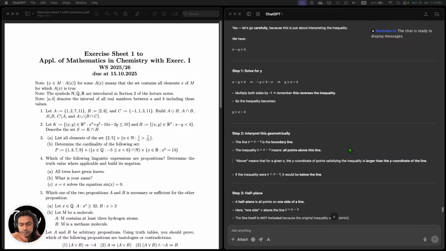How do you get y equals x minus 4? Let's take x as 5 and y equals 1. Let's take x as 0, then x minus 4 is minus 4, that's down.